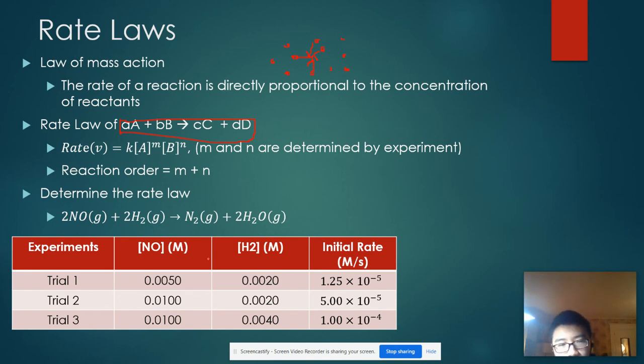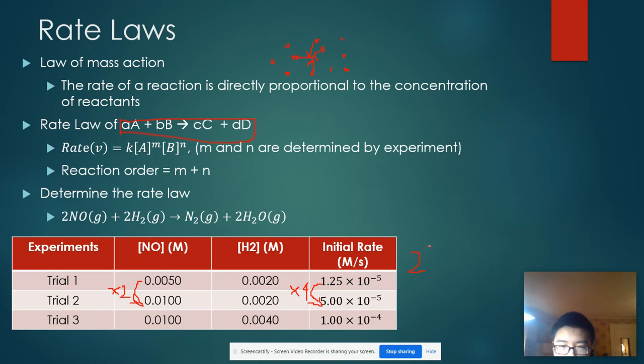Well, in the first trial and the second trial, we increase the concentration of nitric oxide by a factor of 2. We double it. And as you can see, the initial rate quadruples, times 4, because 5 is equal to 4 times 1.25.